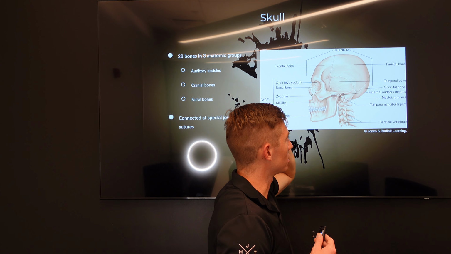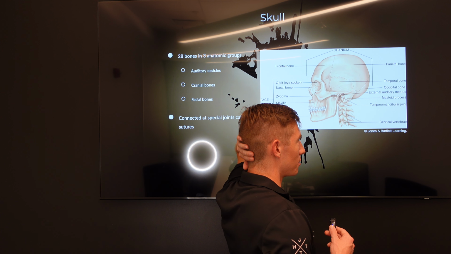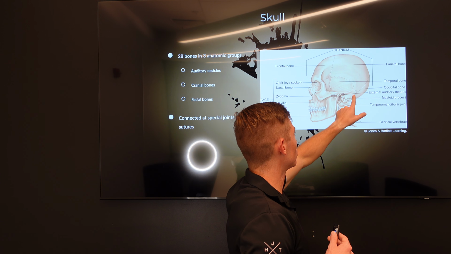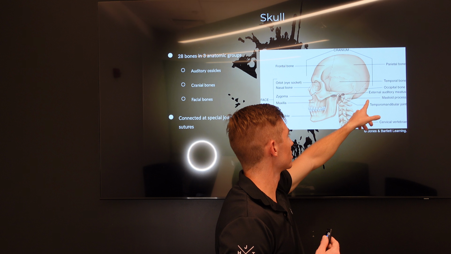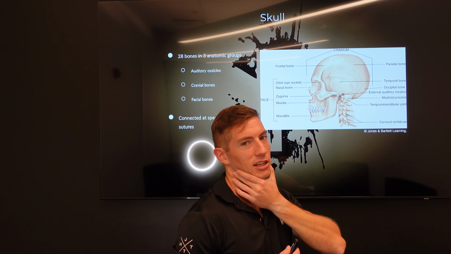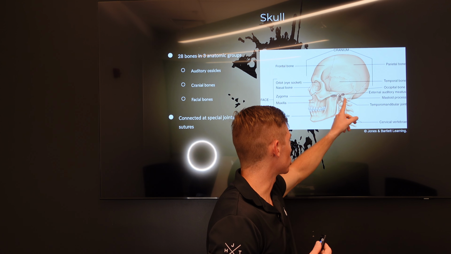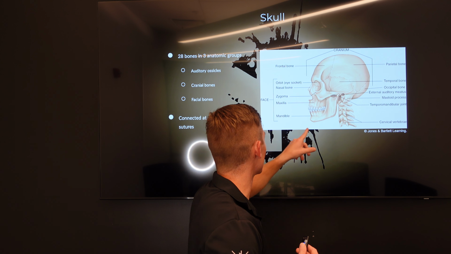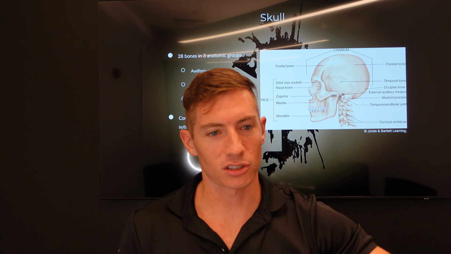Temporal bone, that's where your ears kind of are a little bit. Occipital bone, the very rear. External auditory meatus, that's your ear. Mastoid process, okay, so that helps for mastication, so you can chew. Temporomandibular joints. Cervical vertebrae. Thought there'd be more than that if there is 28.